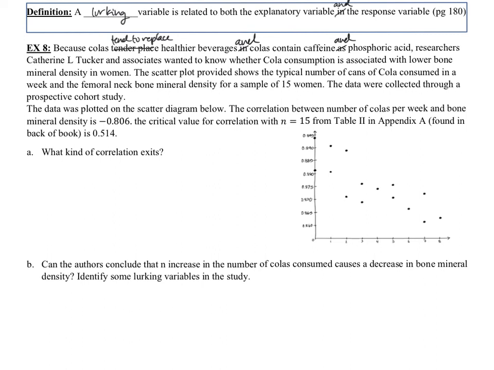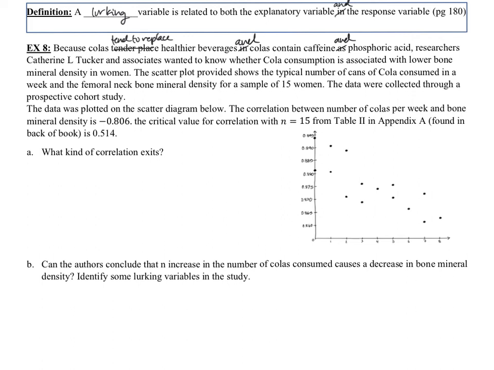The data were collected through a prospective cohort study. The data was plotted on the scatter diagram below, and the correlation between number of colas per week and bone density is given. Nice, we don't have to find it. The critical value for the correlation with n equals 15 from table 2 is also given, so we don't even have to look at the table.